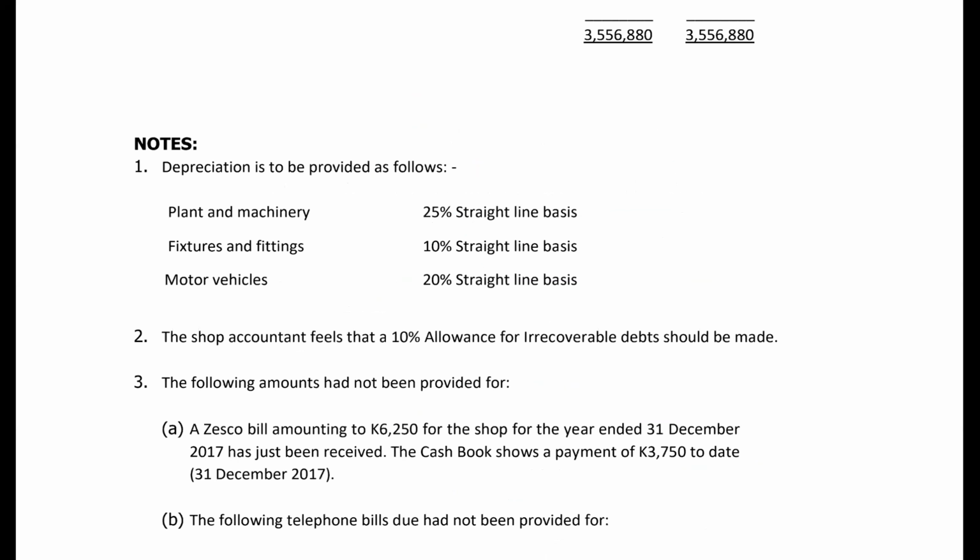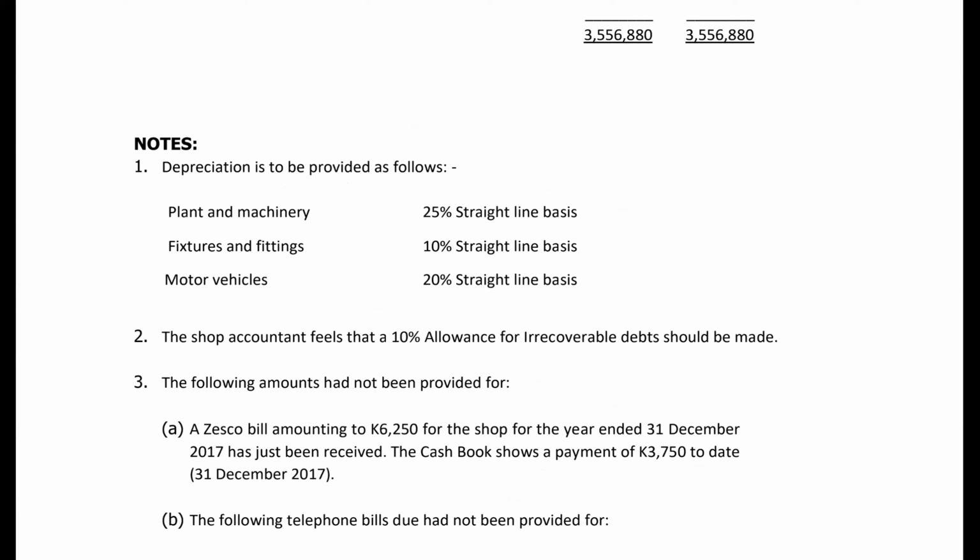Then fixtures and fittings, 10% straight line basis, meaning all of them were just straight line. It's just 10%, which is 0.1 times the cost for fixtures and motor vehicles.